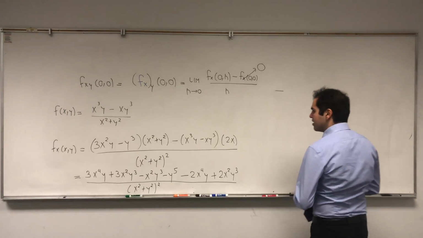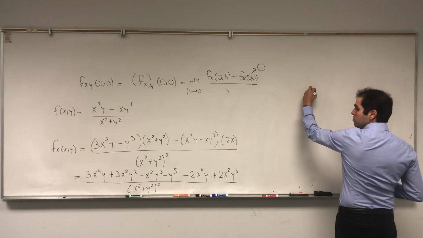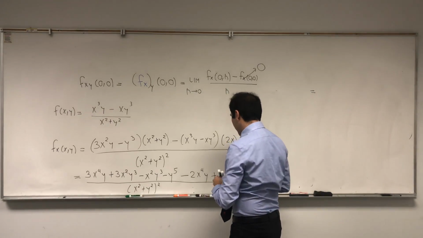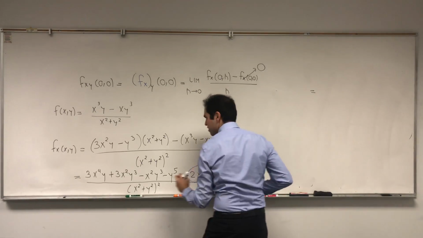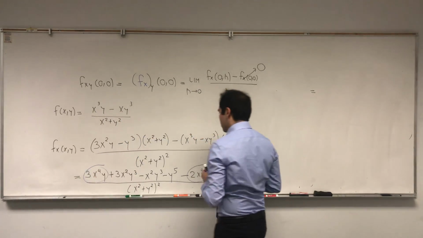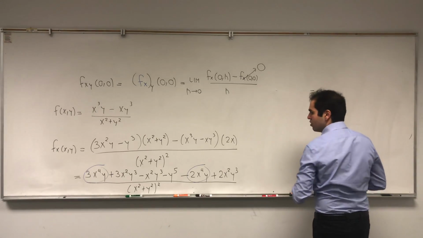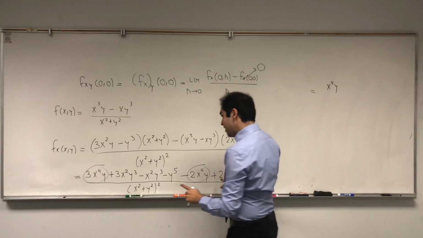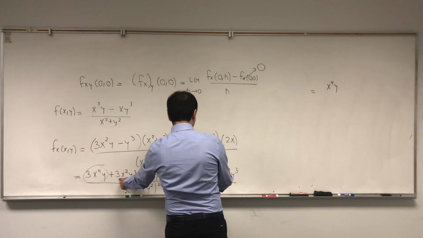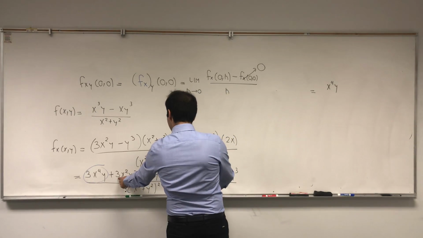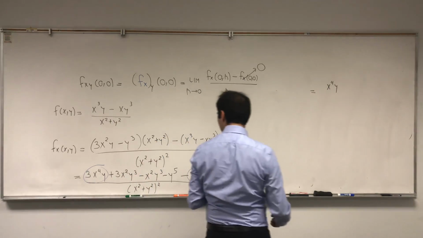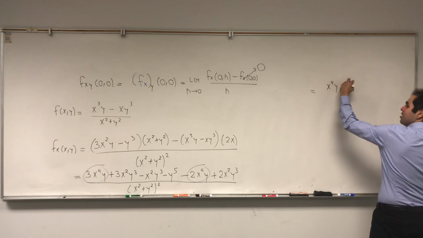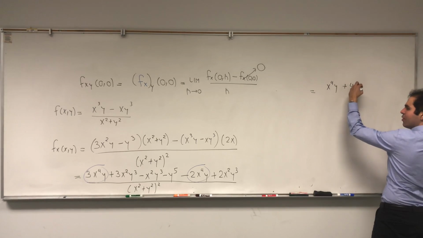Let's see what happens. So x to the 4th y, we have one of this and then one of this, so basically 1 times x to the 4th y. And then this one, so 3 plus 2, 5, minus 1, 4, plus 4 x squared y cubed.